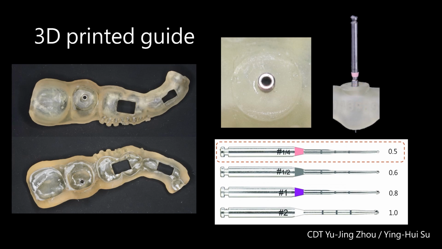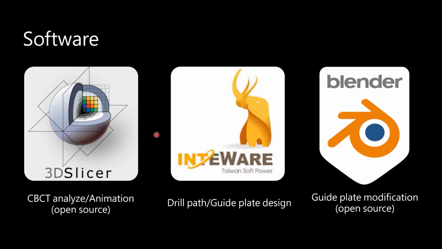This is the software I use. 3D Slicer is open source, and Blender is also open source. We use these tools to do some modification to our guide plate, and 3D Slicer for CBCT analysis. In the middle, this is implant planning software from Taiwan, but you can do this with any kind of implant planning software.